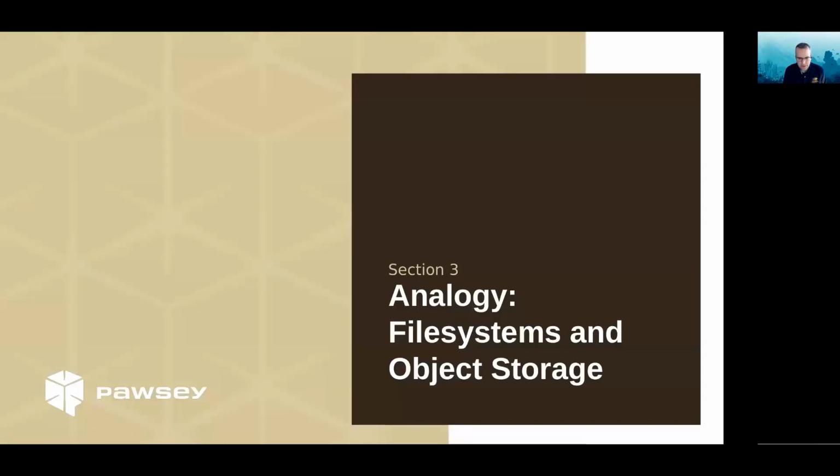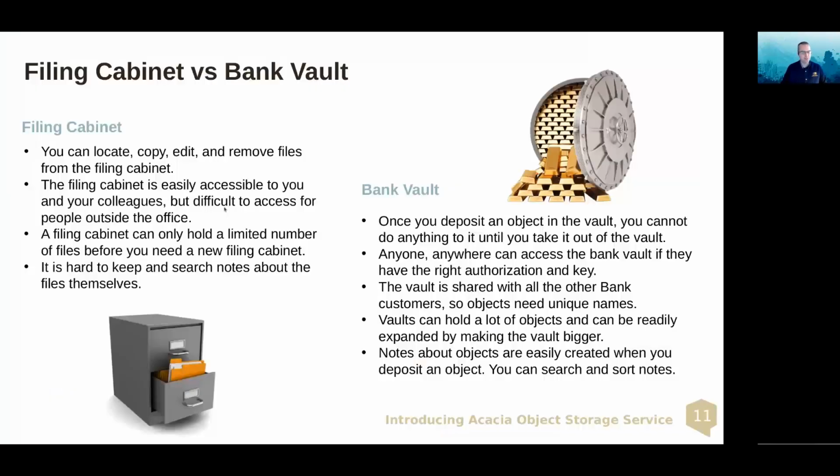So let's now create an analogy between file systems and object storage. With a filing cabinet, aka a file system, you can locate, copy, edit, and remove files from the filing cabinet. The filing cabinet is really accessible to you and everyone else in the office, but it's difficult to access for someone outside. They would have to get a visitor pass to come and see your office.